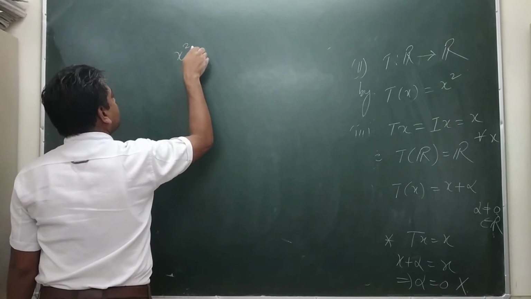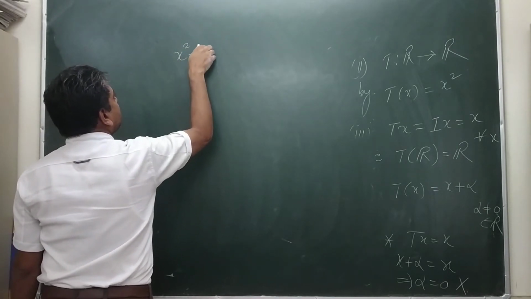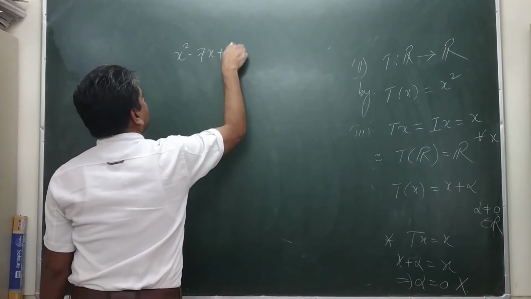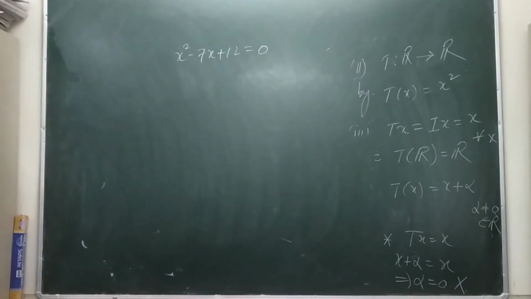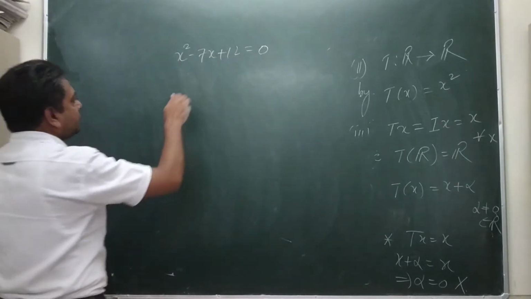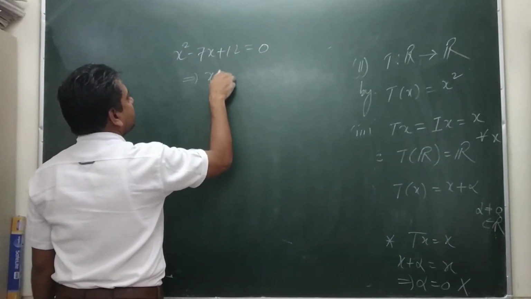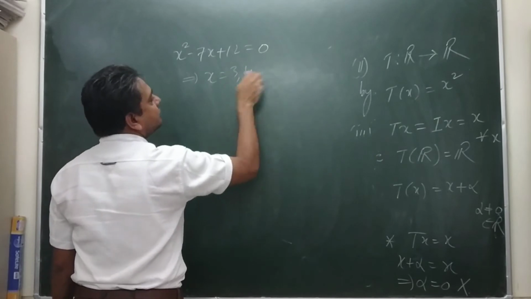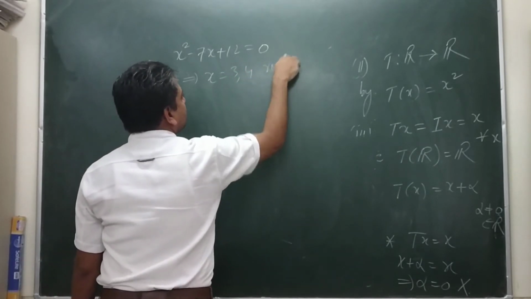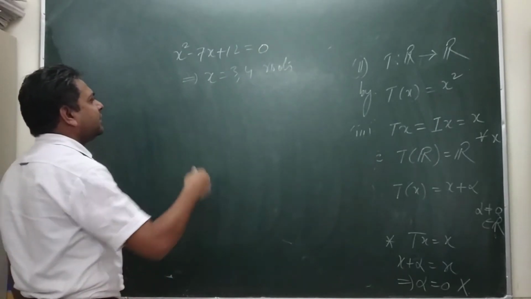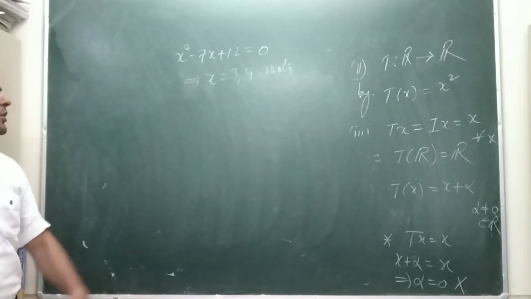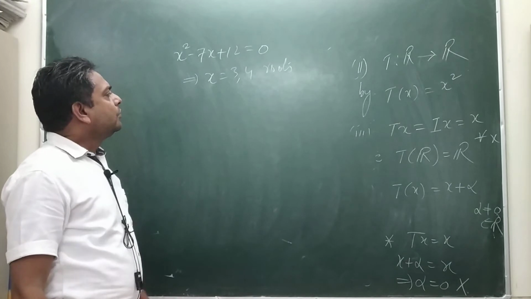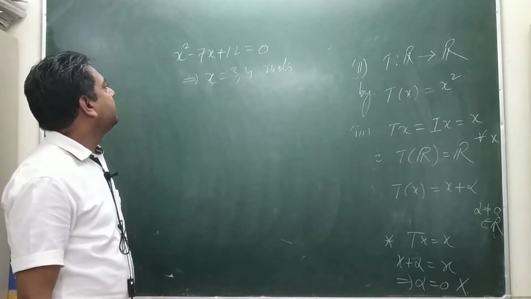So this is my simple quadratic equation, x square minus 7x plus 12 equals 0. Of course we know that x equals 3 and 4 are the roots of this equation. And here the discriminant D is greater than or equal to 0, and D is positive here because both roots are distinct as well.